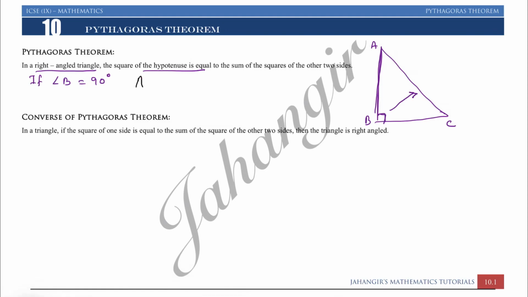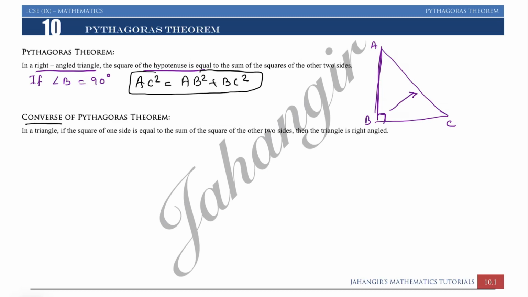So we can say AC square, the square of the hypotenuse, is equal to the sum of the squares of the remaining sides. Remaining sides can be AB square plus BC square. So we can say if in a triangle ABC or any other triangle, if one of the angles is 90 degree, the square of the side opposite to the 90 degree is equal to the sum of the squares of the other two sides. This was very simple.